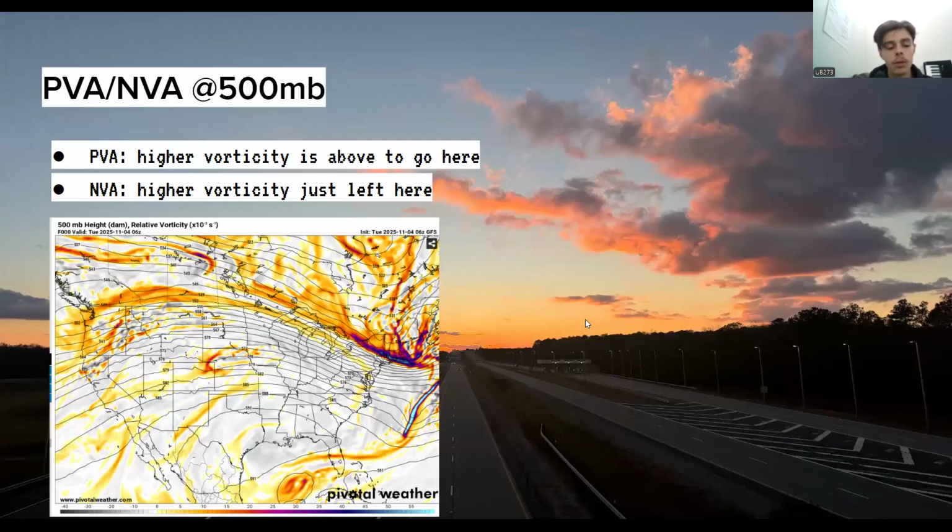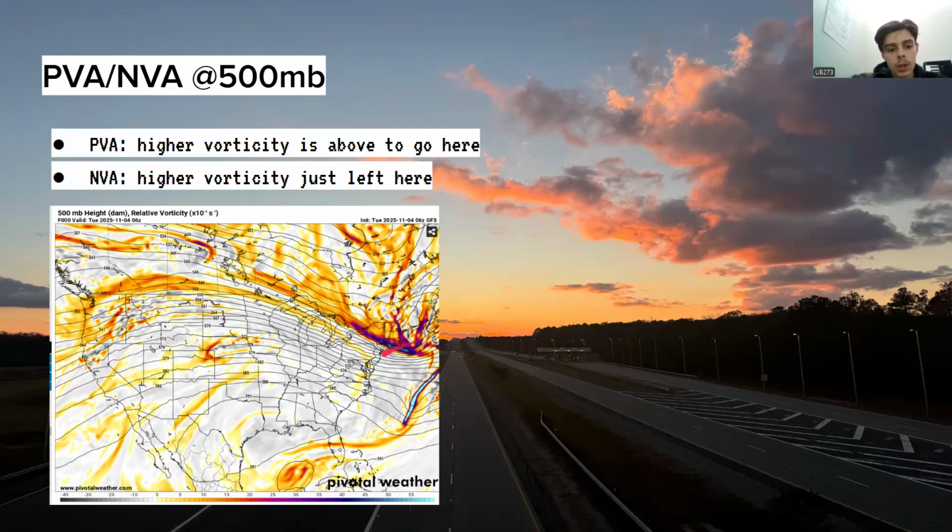So I wanted to explain that better. Advection is basically horizontal movement across, in this case, typically west to east. We know that's the way these winds are flowing. So for vorticity advection, we're talking about vorticity moving across.